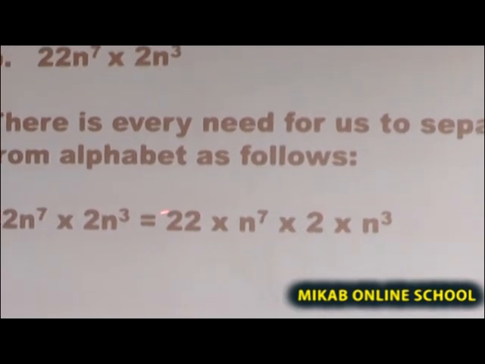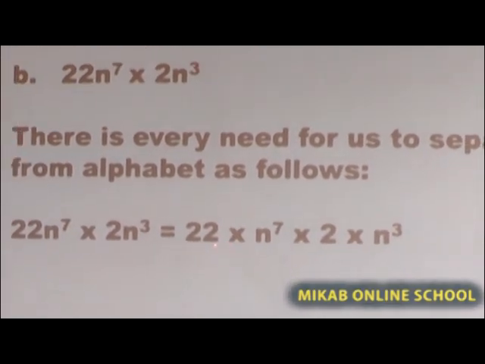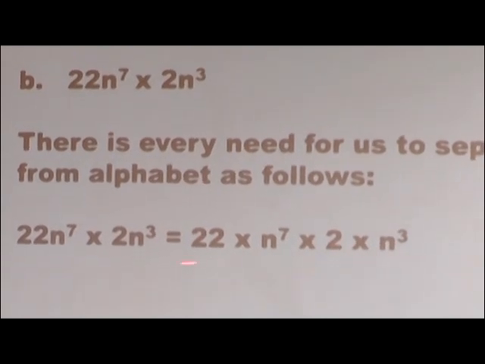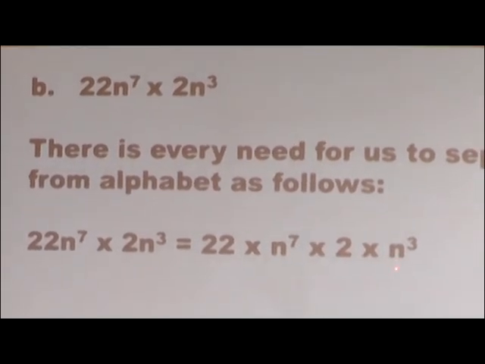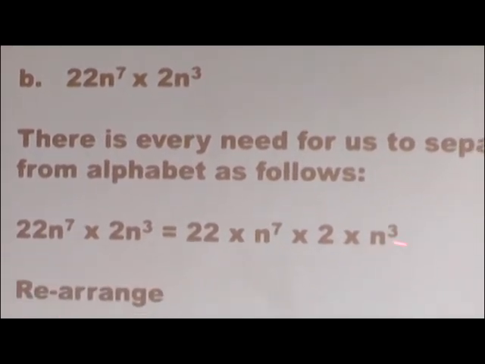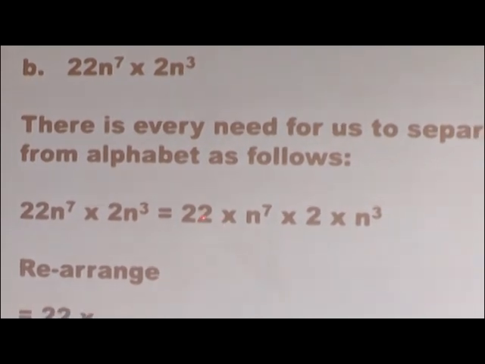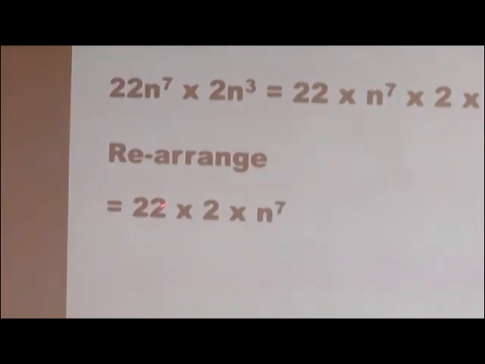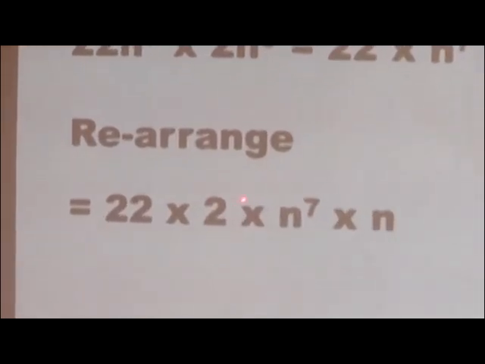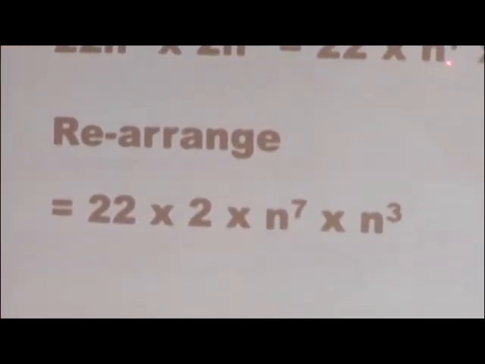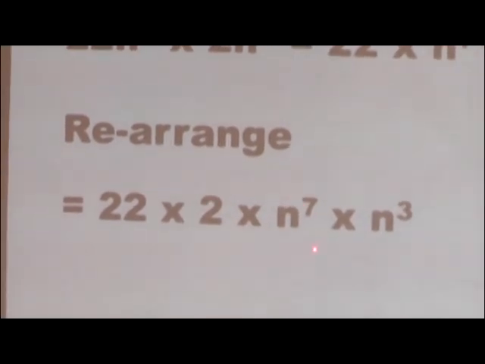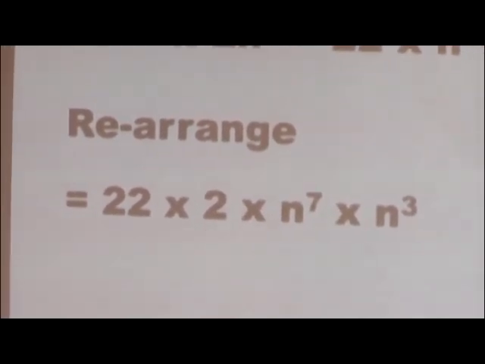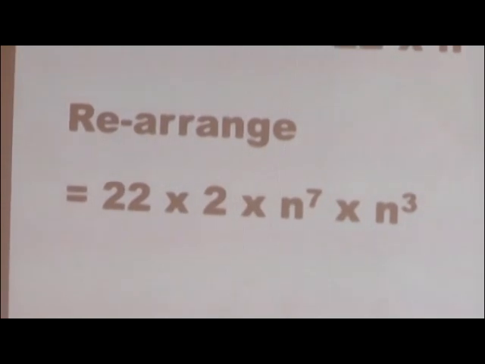In this sense, we are going to rearrange this expression at the right hand side. So if we must rearrange this, we are going to move these two closer to this. That is where we'll be having 22 times 2 times this first n raised to the power of 7, times n raised to the power of 3.